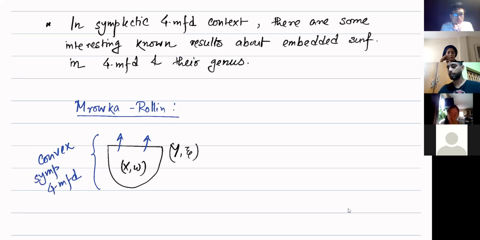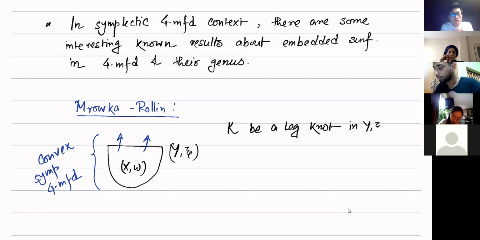So the result of Mukherjee-Rollin is in this context: if we have a symplectic four manifold X which is convex with boundary (Y, psi), and K is a Legendrian knot in (Y, psi), and since we are talking about a general three manifold, we assume that K is null homologous.